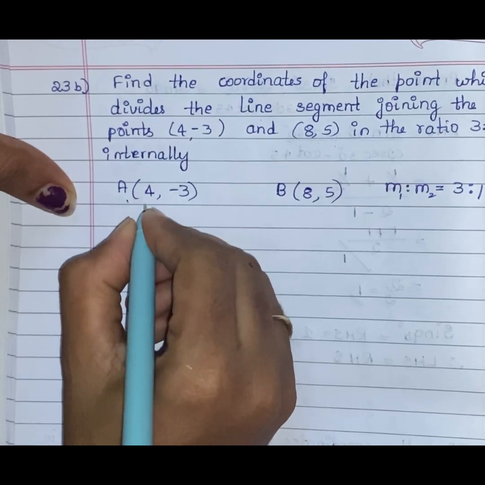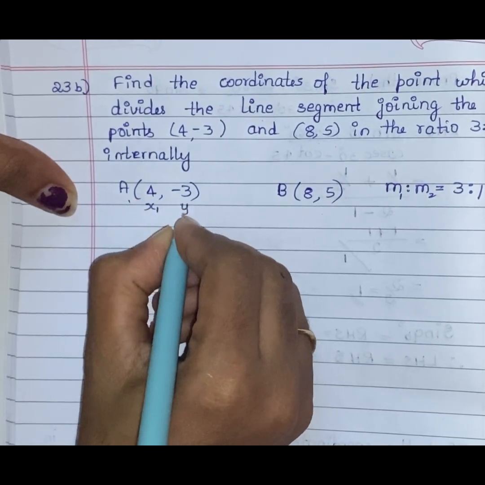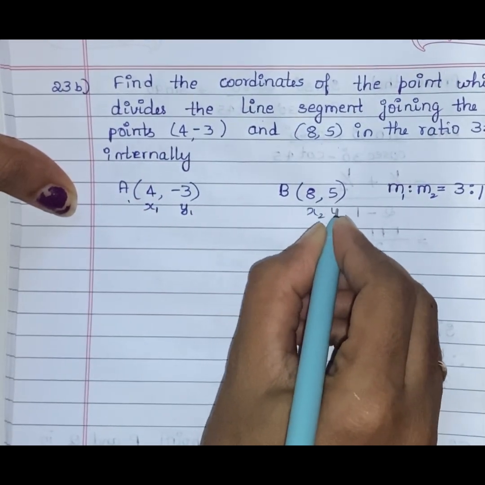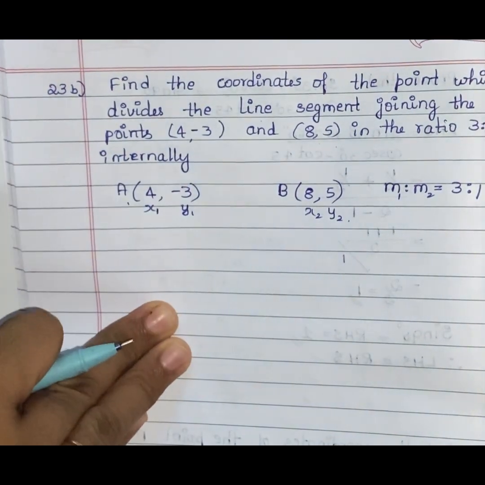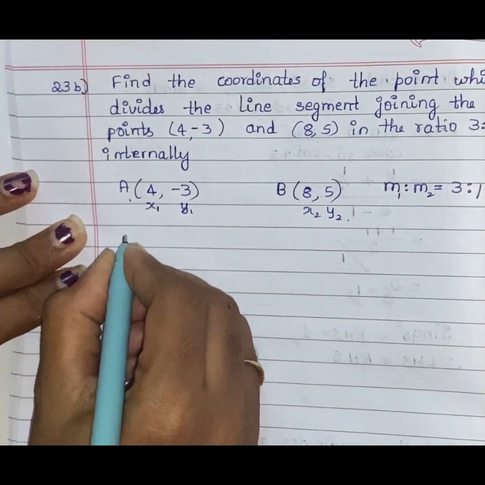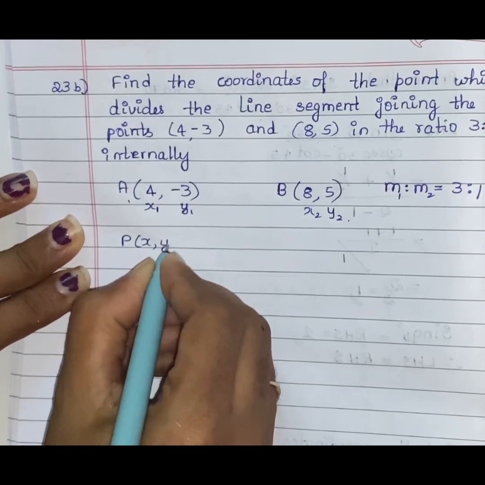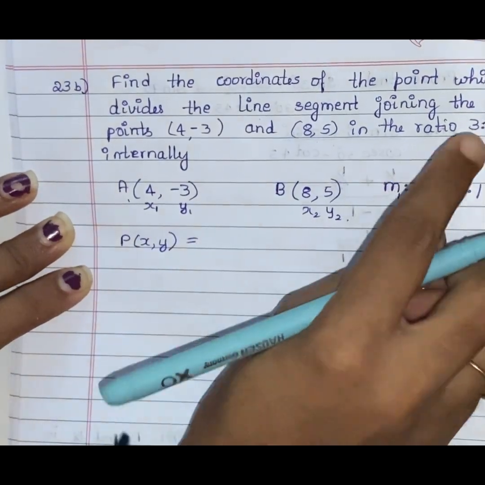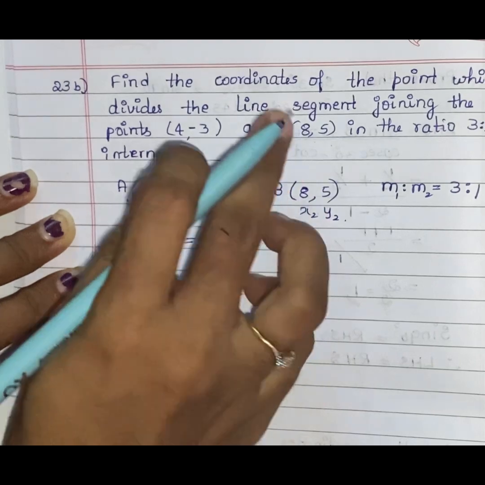Okay, so here we'll rename it as x1, y1, x2 and y2. Okay, so here now we need to find the P of x comma y. So we have the formula. When the ratio is given, how do we find the coordinate?